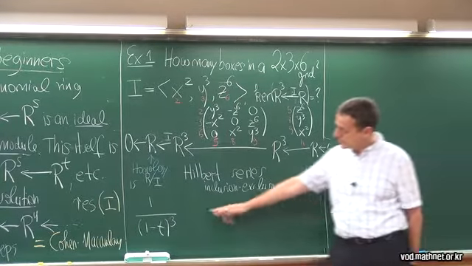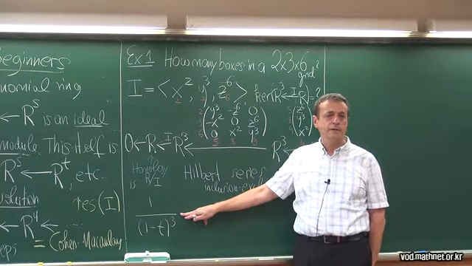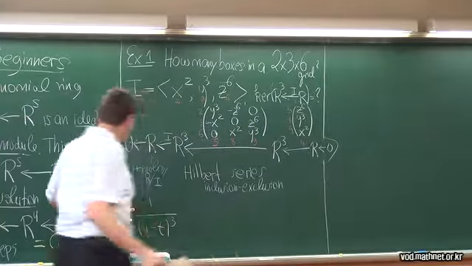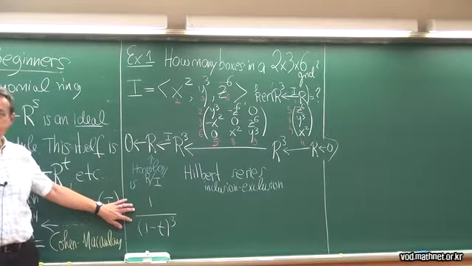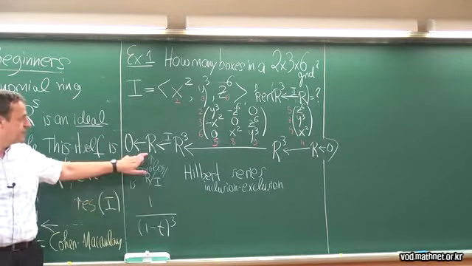So this is the Hilbert series of R as a graded vector space. If you expand this series, then the coefficient of t to the n is the number of monomials of degree n in 3 variables. Right? So this object represents R.